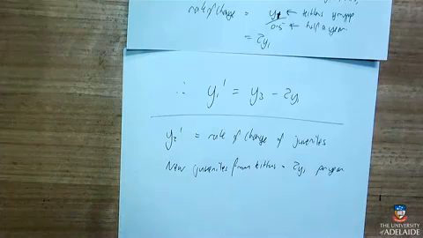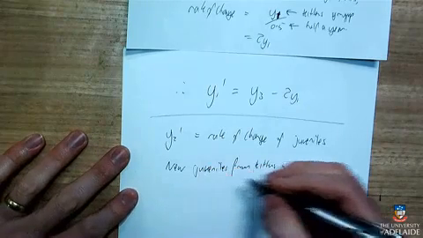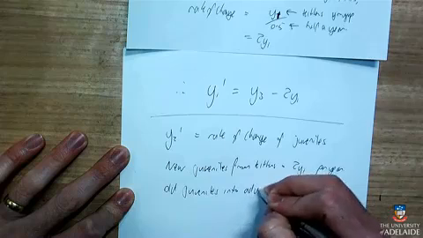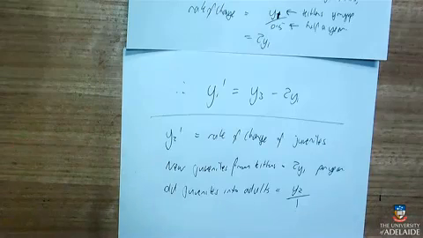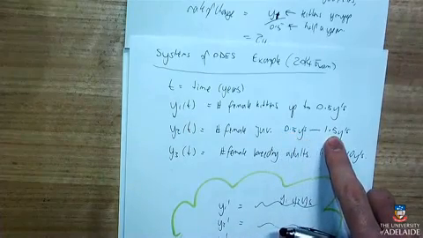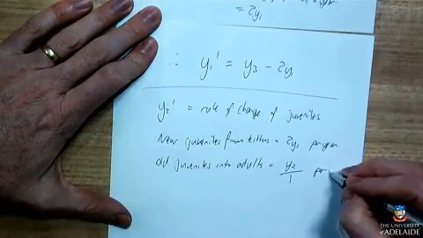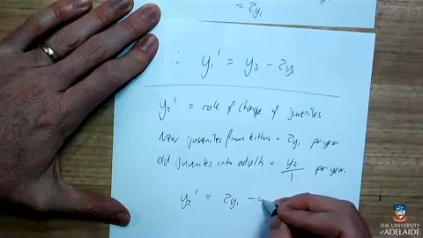But they're growing up into adults at a rate of 1 per year. So there's y2 of them, and it takes them 1 year to do that, because juveniles are from half a year to 1.5 years. Okay, feeling good about this. And so y2 dash should be 2y1 minus y2.